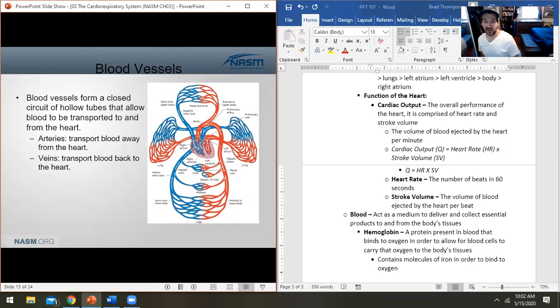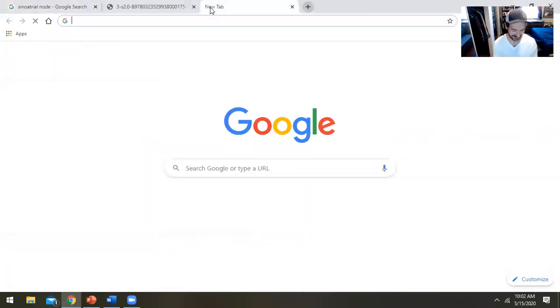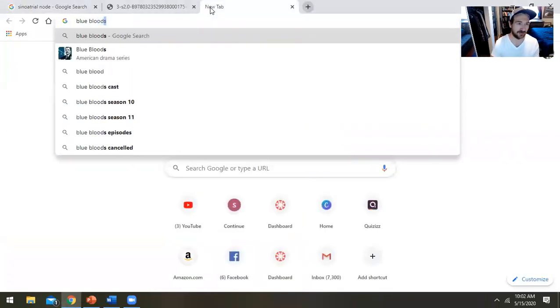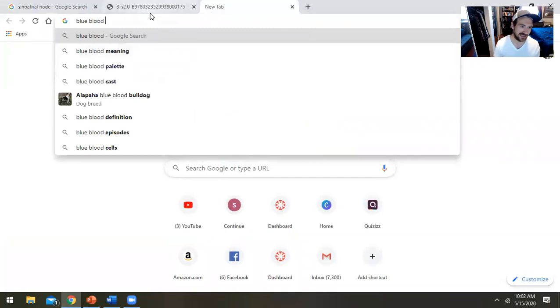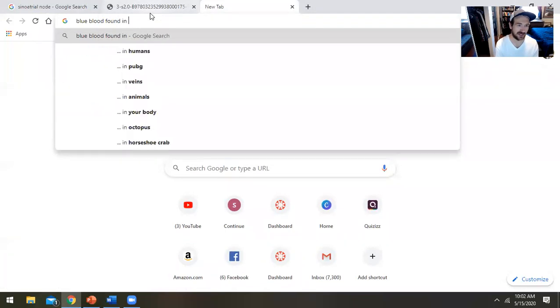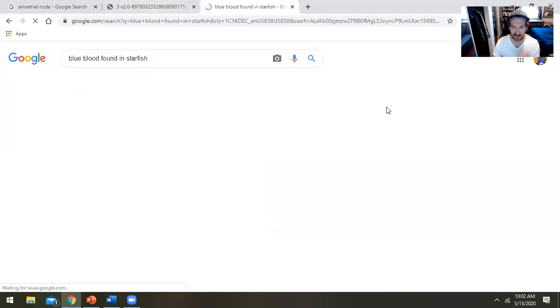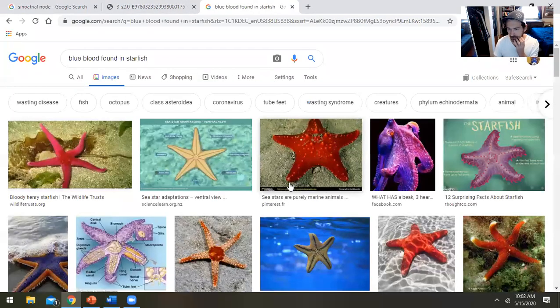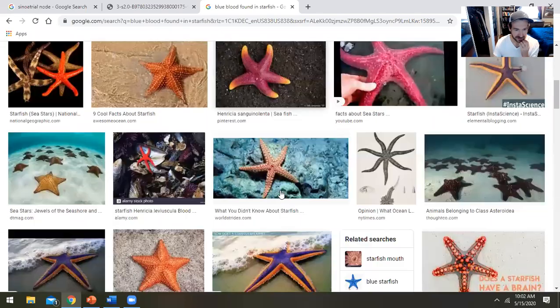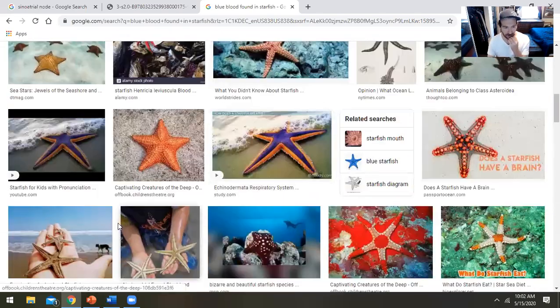If you did, you would be a starfish. Blue blood is found in starfish. Check this out, this is kind of cool. I don't really want to see a picture of a starfish bleeding, but take my word for it.